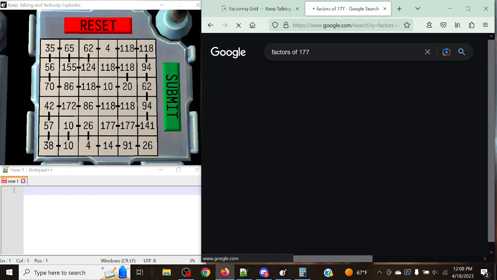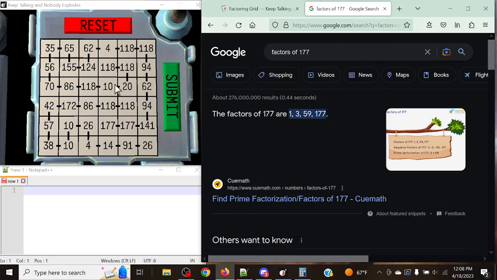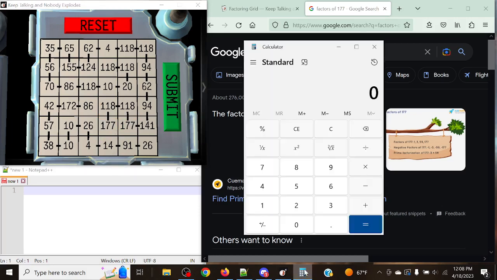Factors of 177: divided by 59, is 118 divisible by 59? Yeah, those go together, absolutely. Something like this. Go down here, maybe. 26.